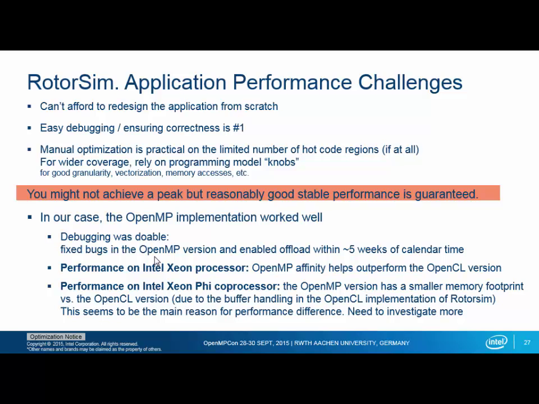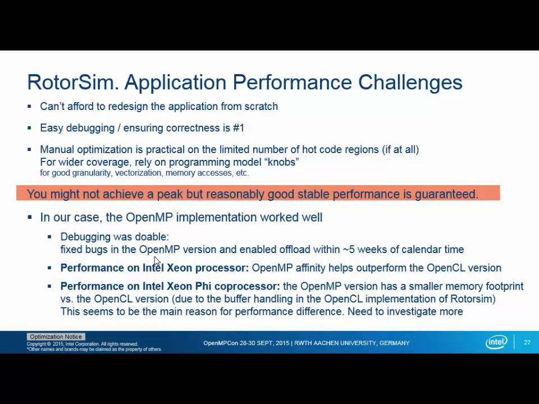All the work on porting to OpenMP was done in 5 weeks. We found that using OpenMP, it's much easier to debug your application on Xeon and Xeon Phi than with OpenCL.